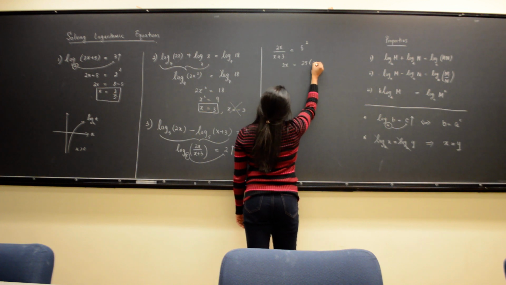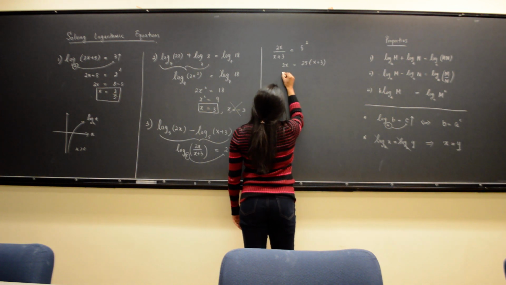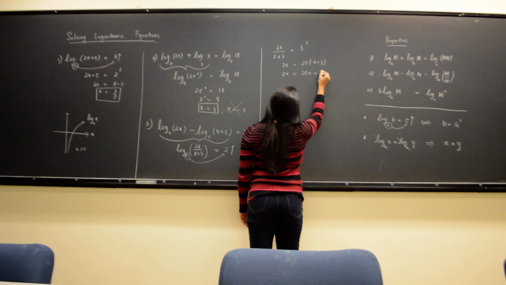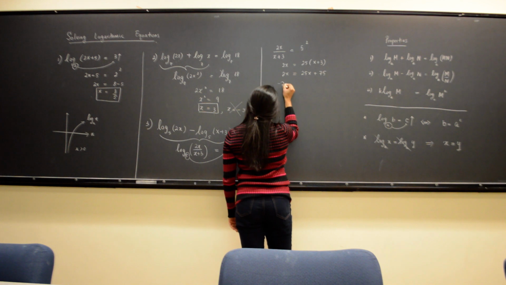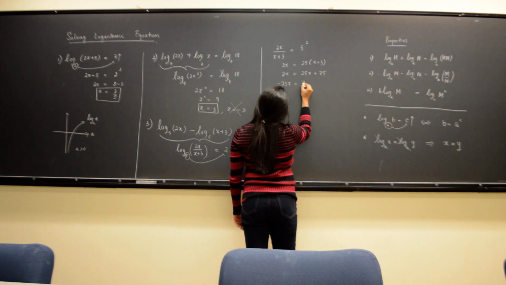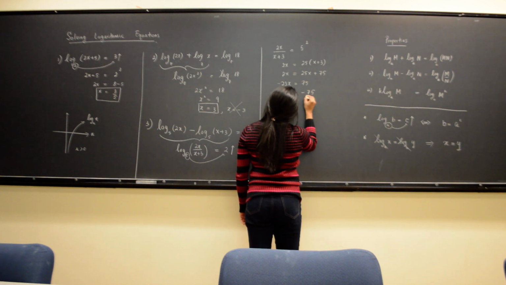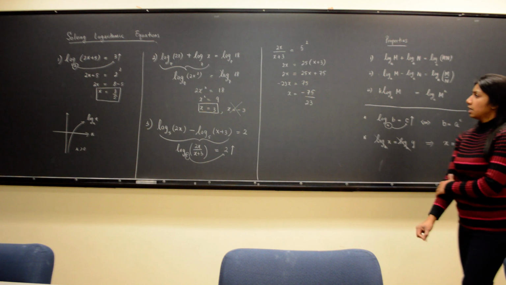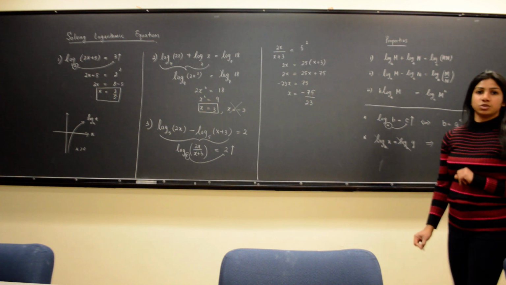25 times x plus 3 equal to 2x. 25x plus 75 equal to 2x, so negative 23x equal 75, x equal negative 75 over 23. Right, so this is the answer we got. Still we have to check.